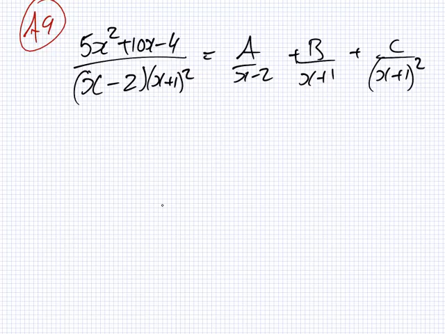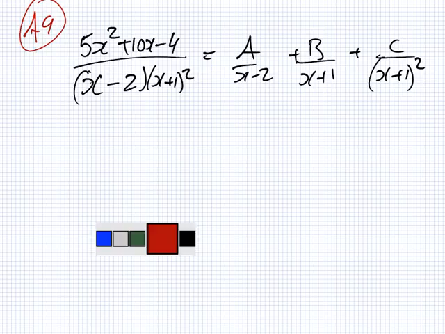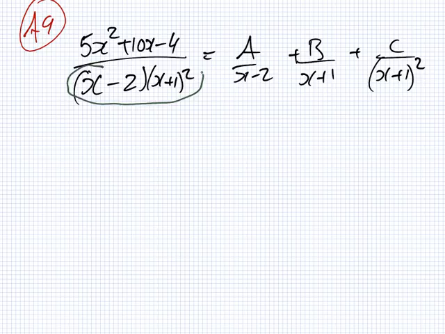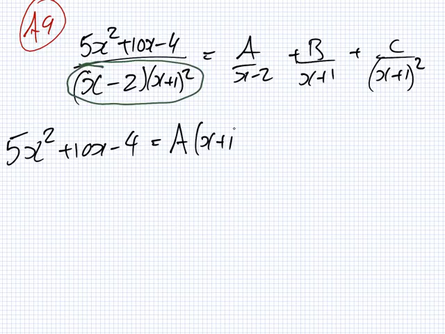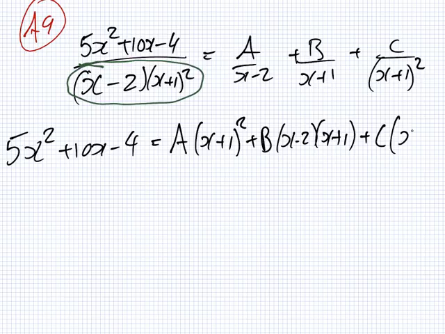First you multiply everything by this. So then on the left you have 5x squared plus 10x minus 4. And then on the right you have a(x plus 1) squared, plus b(x minus 2)(x plus 1), plus c(x minus 2).